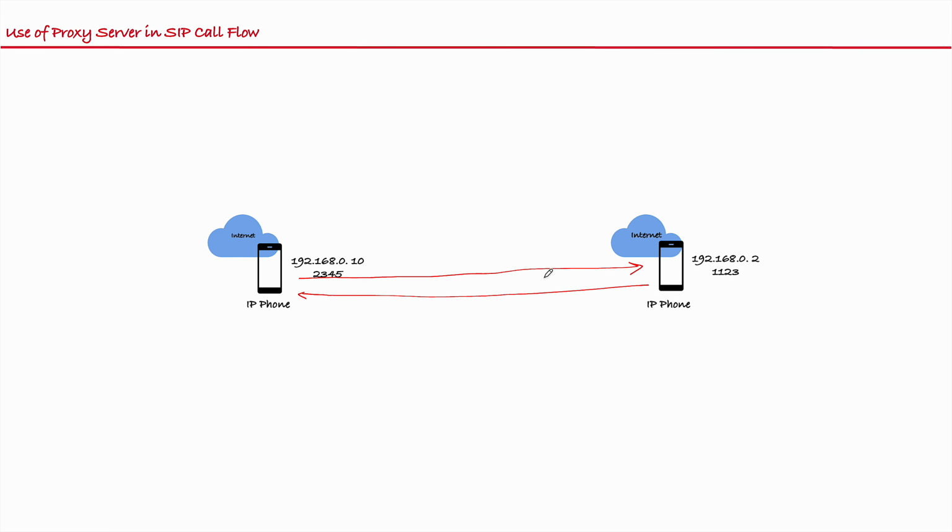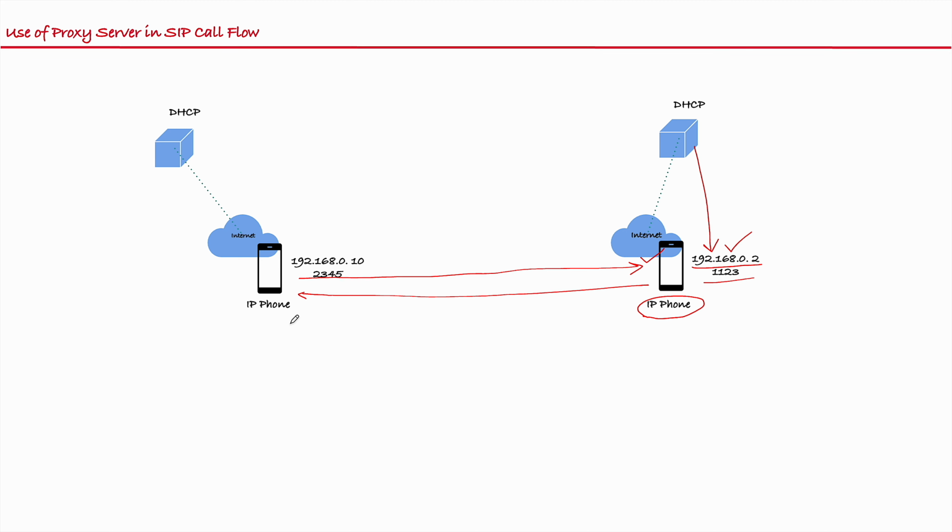This end-to-end call flow we can do only when you know the IP address and the number of the called party. But the problem here is these IP addresses are not fixed. They are generally allocated by the DHCP server and changed on each disconnect and connect to the internet.